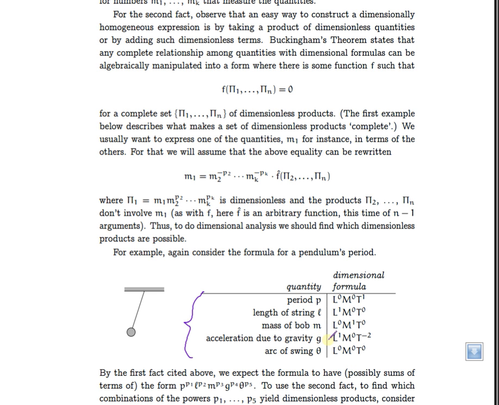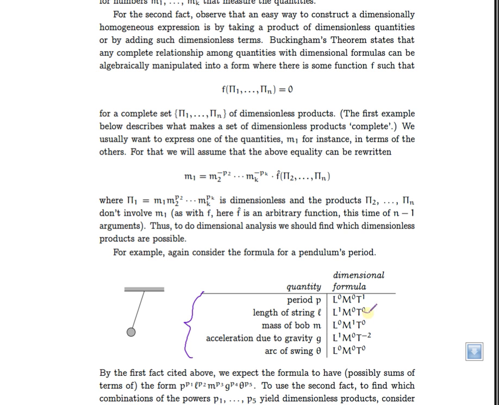Okay. Now, the other thing you notice is that g also has an unwanted factor of L. So I'm going to have to do something to get rid of that factor of L. The way to do that, and there's only one way to do that, because the only other quantity that has L in it is the length of the string.